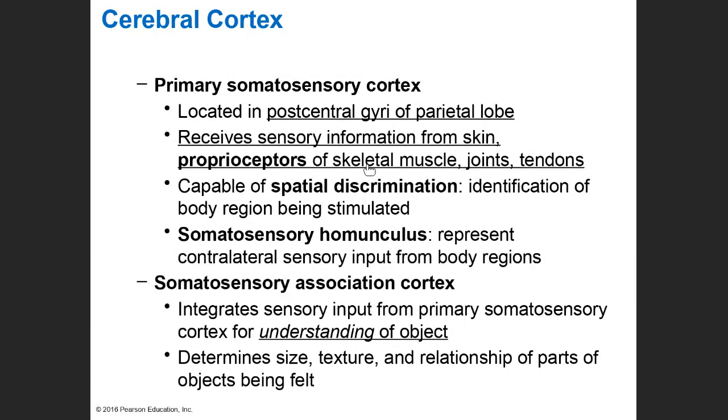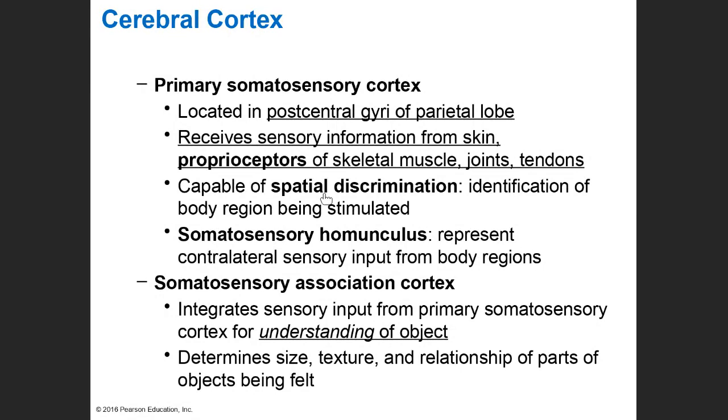Remember, proprioceptors are found in skeletal muscle, joints, and tendons. Proprioceptors give us the ability to know where we are in space. It is considered a sensory receptor. Not just proprioceptors, but all of our sensory receptors out in the body are going to send information that will eventually terminate or synapse here in the primary somatosensory cortex of the postcentral gyrus.